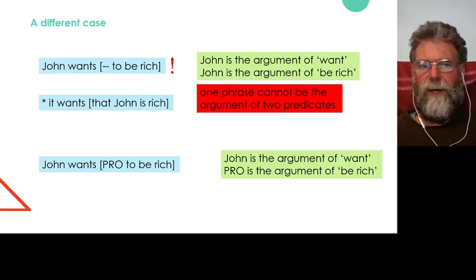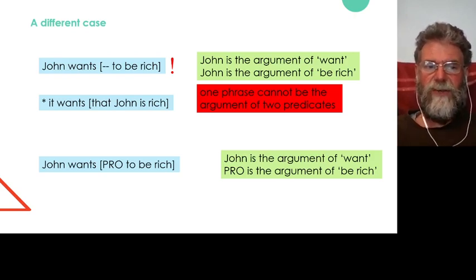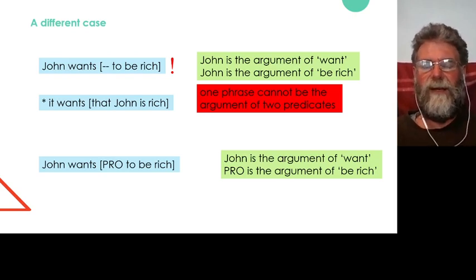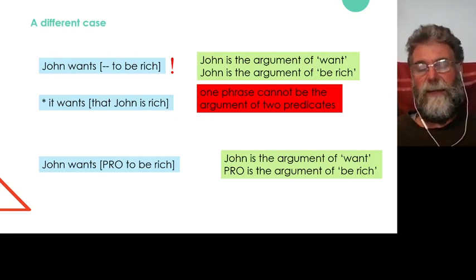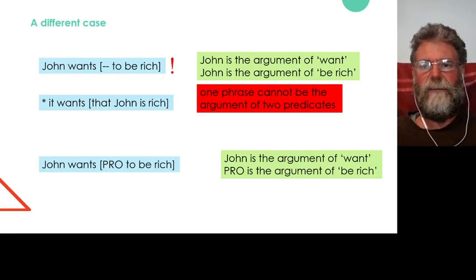The reason why we end up with the interpretation that John is related to both predicates is precisely because pro, being a pronoun, takes its reference from somewhere else. So although it's an independent argument, its reference is the same as John. It refers to the same individual, and that's why we get that interpretation.